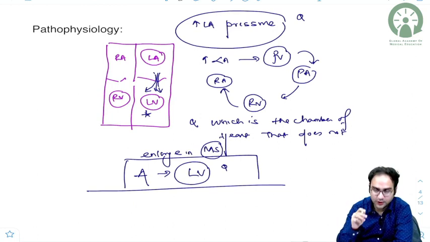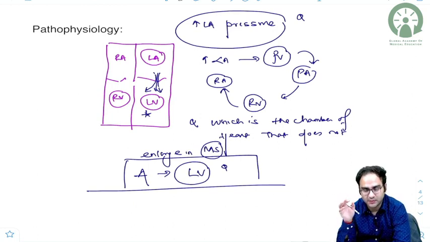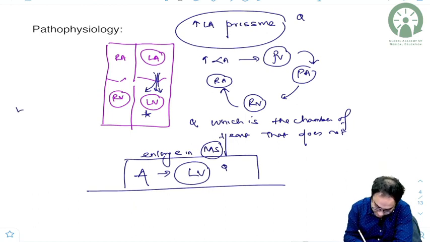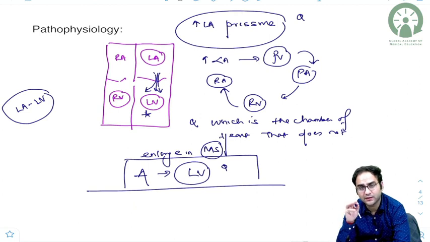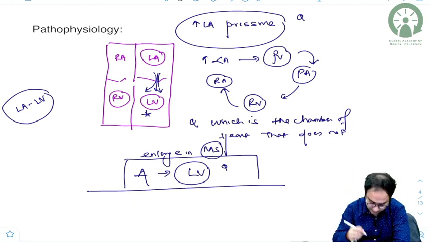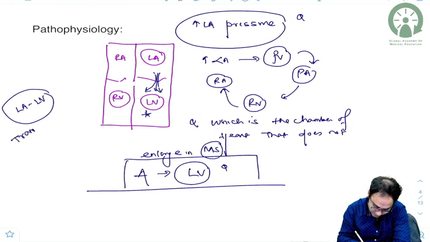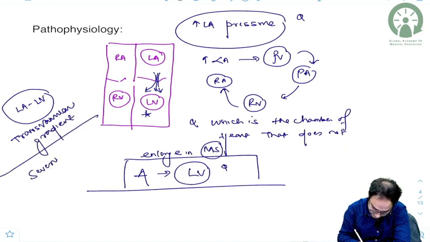So what actually determines the severity of MS? The gradient between the LA and the left ventricle, which is known as the transvalvular gradient, basically determines the severity of MS. Okay.